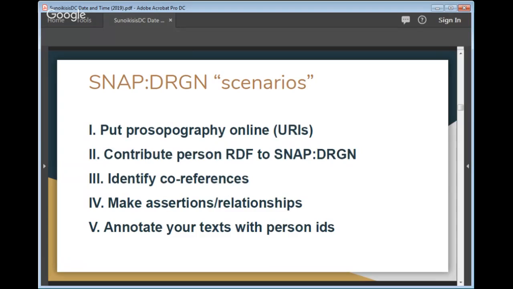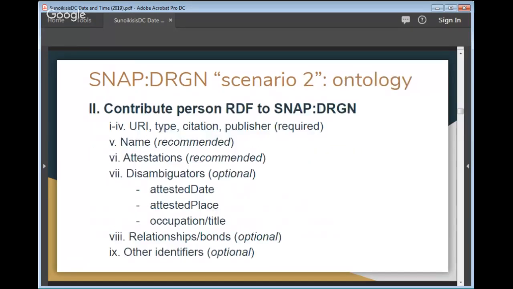But let's go back to the second of those scenarios, where you might want to contribute the subset of your data that is useful for multiple person data sets to share. Among these various kinds of data, there are obvious things like names, attestations, relationships, and other identifiers that you might use.